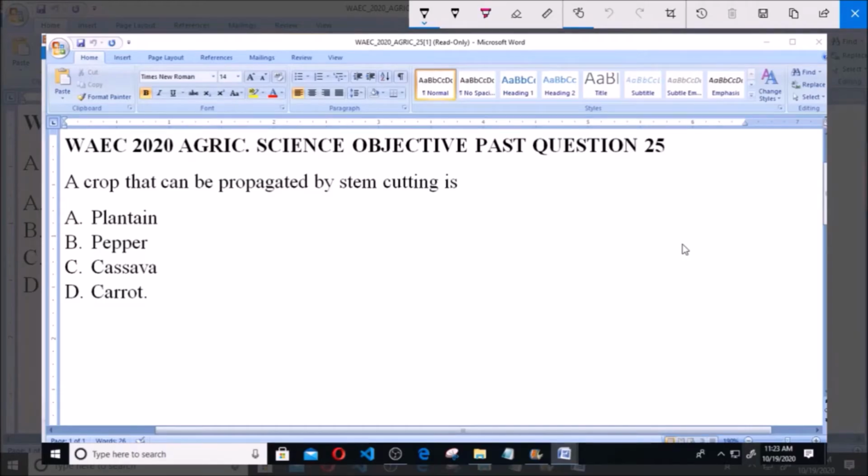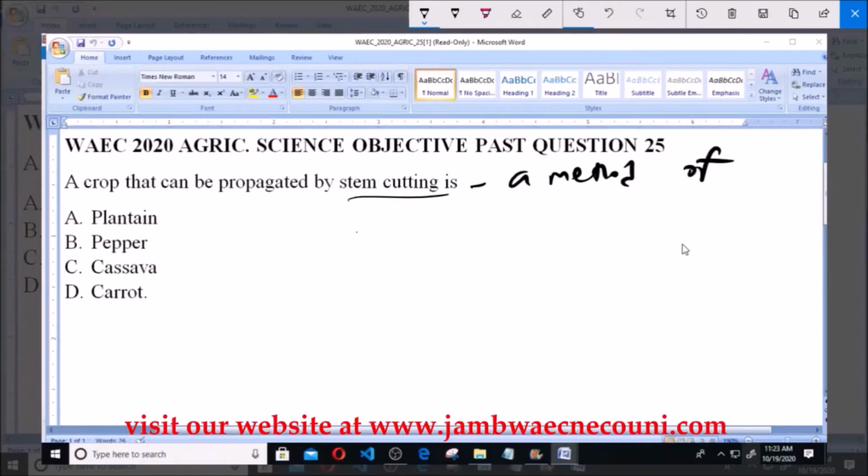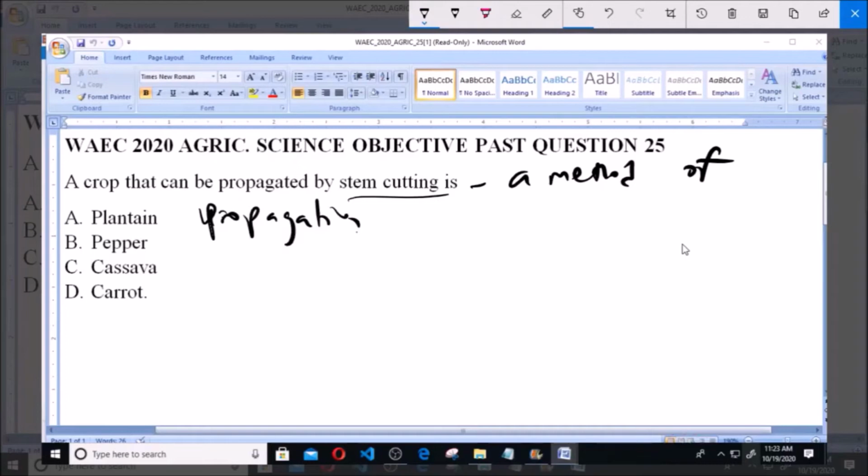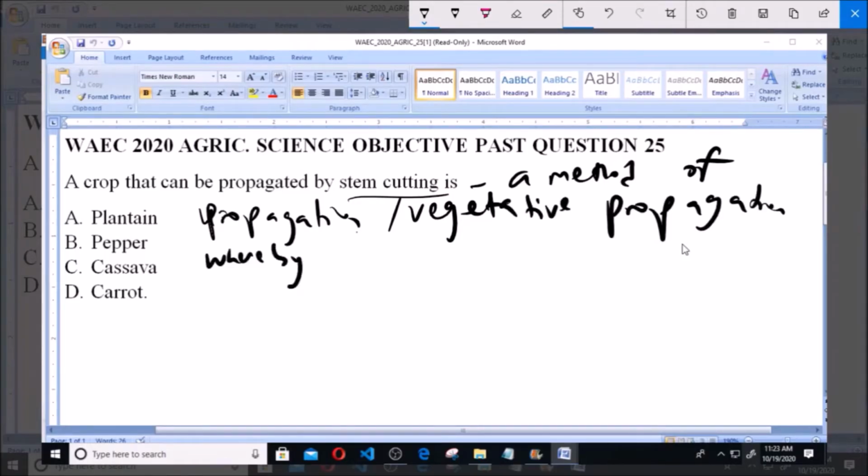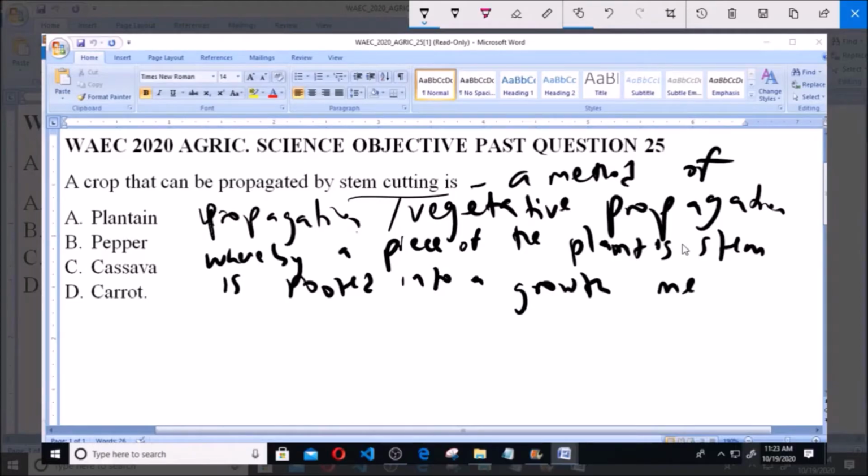So stem cutting refers to a method of vegetative propagation, whereby a piece of the plant stem is rooted into a growth medium, such as moist soil. So that is stem cutting.